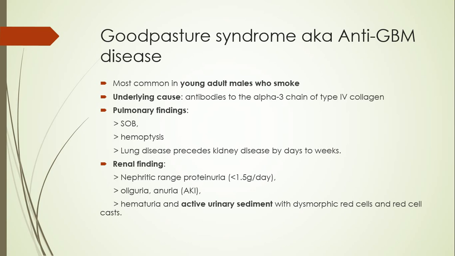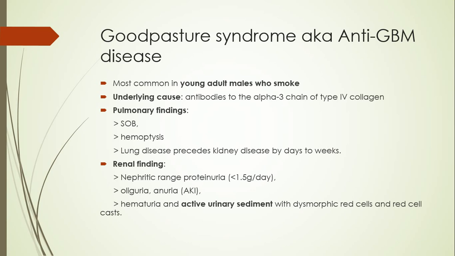And as the patient has inflammation in the pulmonary alveoli, the patient develops some pulmonary symptoms such as shortness of breath, hemoptysis, and hemoptysis especially occurs due to bleeding or pulmonary hemorrhage, and typically lung involvement is earlier than renal involvement.